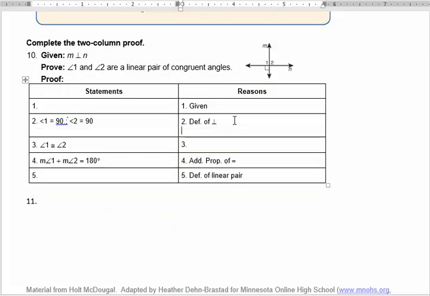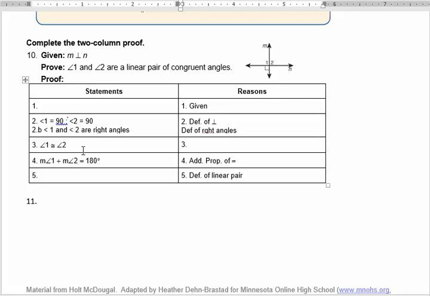Should we add one more step? I'll call it the 2.B step. Angle 1 and angle 2 are right angles. And that's because of definition of right angles. If they're right angles, they're equal to 90 degrees.